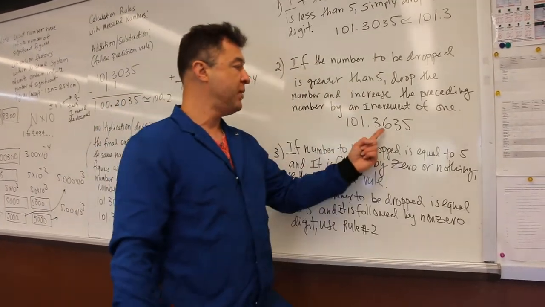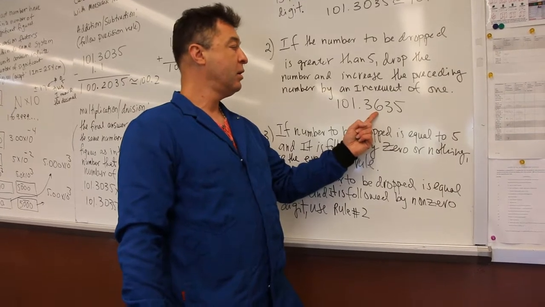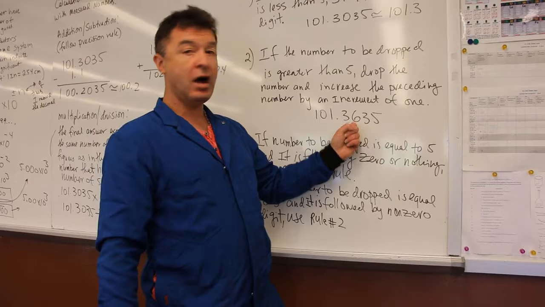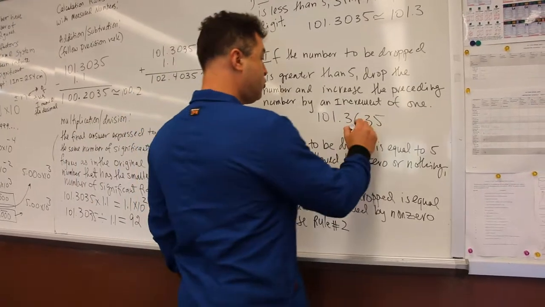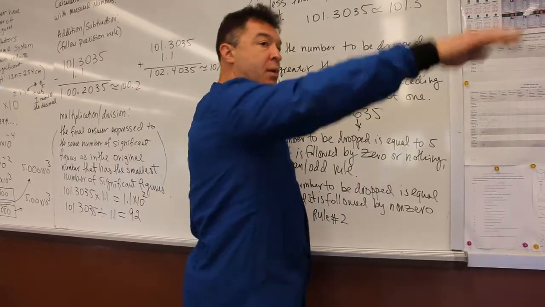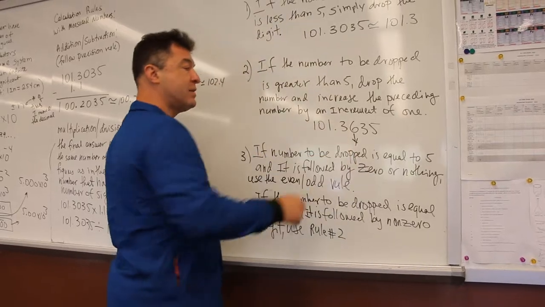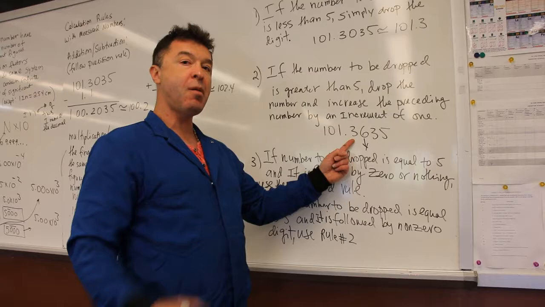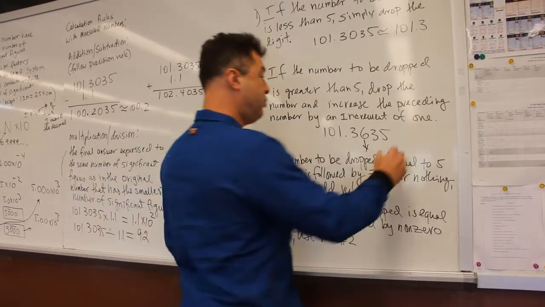Now again, I want to drop the numbers starting with the 100th place in here. So I see it's a 6. And according to this rule, guys, I need to drop this number and all the other numbers that follow, right? But because it's above 5, I have to increase the preceding number by an increment of 1. And that's pretty much it.